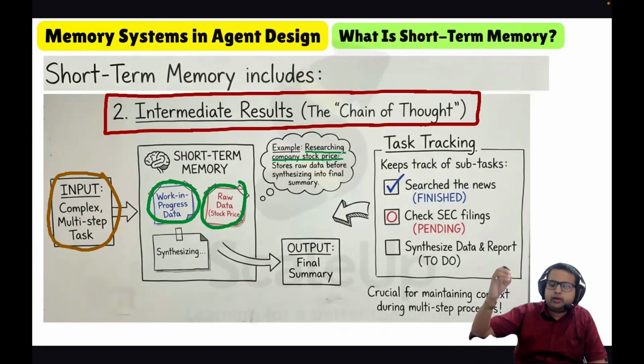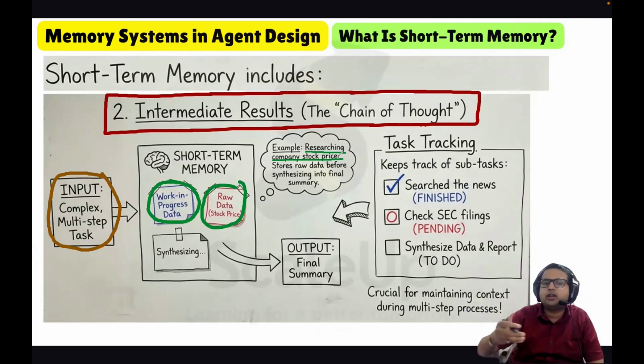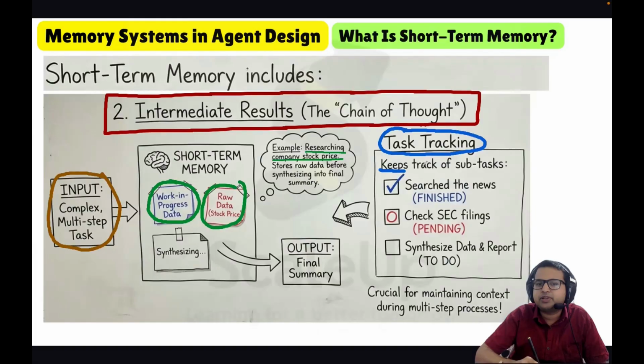So like an agent is researching a company's stock price. The raw data, the stock price, it is storing in the short-term memory. And also for task tracking, it makes use of the short-term memory. So the agent keeps track of subtasks.